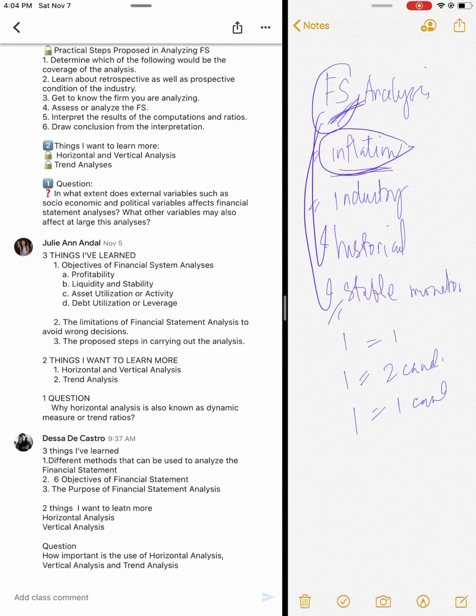From Julian, horizontal, known as dynamic measure or trend ratio. Kaya siya tinawag na dynamic dahil pag sinabi mo dynamic, may mga changes yan. No? Since horizontal nga, comparative nga yung tinitingnan natin dyan. So, dynamic measure talaga yan. DASA, how important is the use of vertical and trend analysis? Again, just like the kaninang question, I cannot say how important it is.